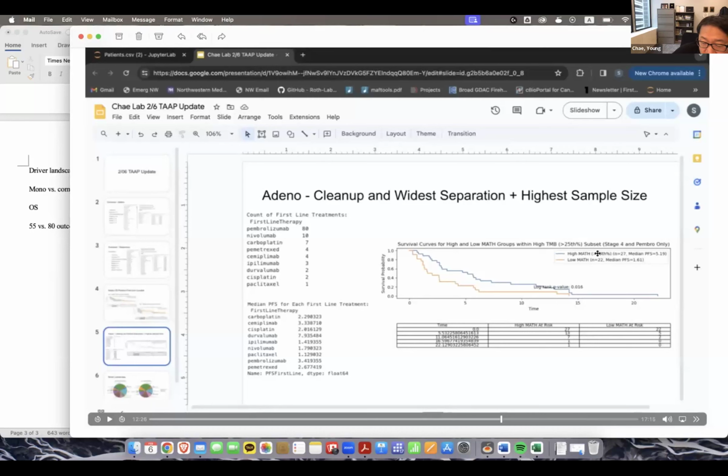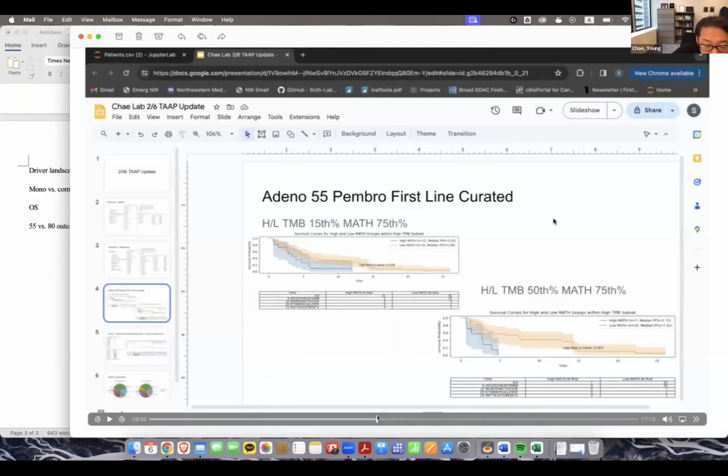Can you go back? As opposed to out of 55 with the TMB 50% cutoff, it's 26 patients. And with 15%, you have 46%.